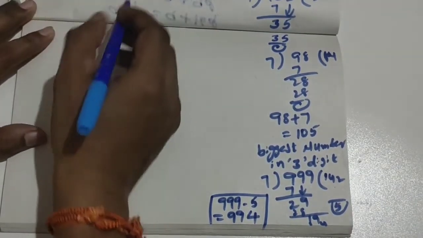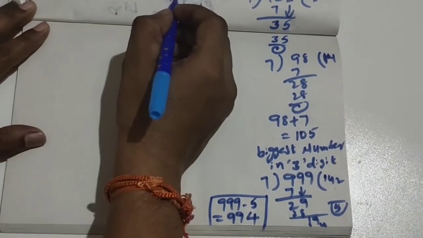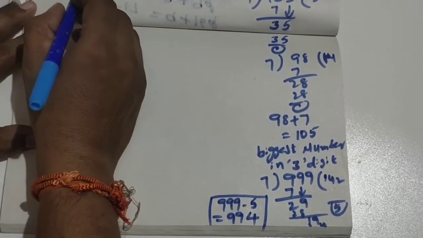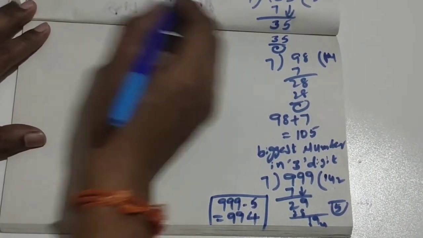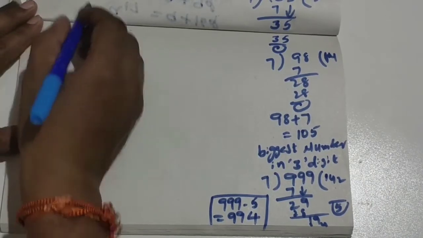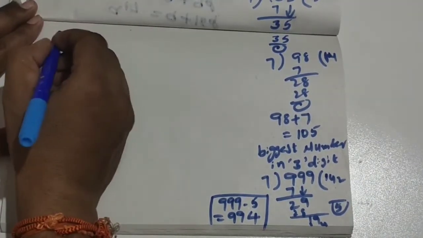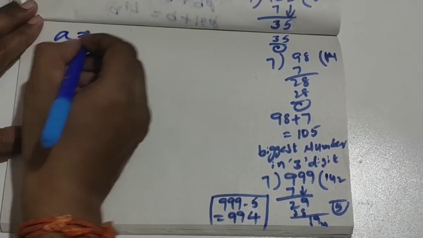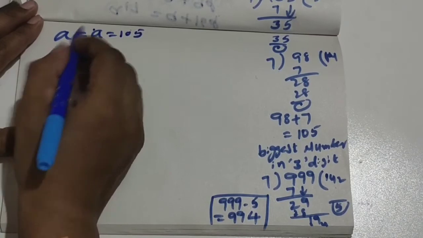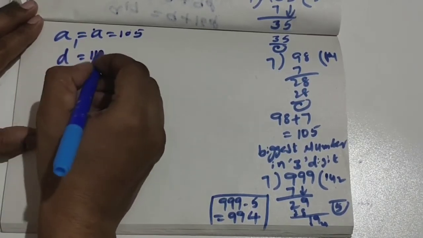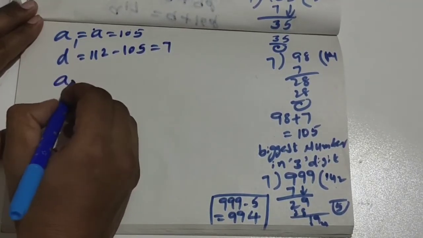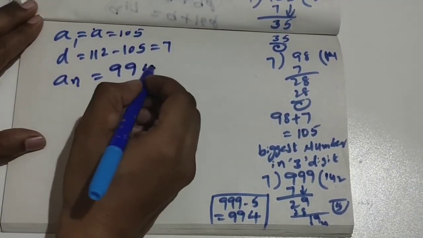Now here we got the last number 994, that is AN, and the first number A1 is A. So the above list is an AP. So we can take A1 is equal to A is equal to 105, and the common difference is 112 minus 105, which is 7, and AN is 994.